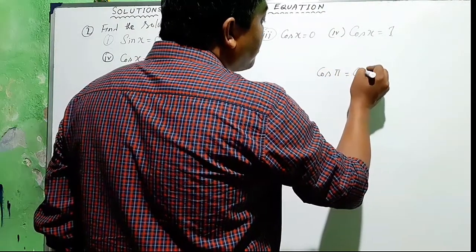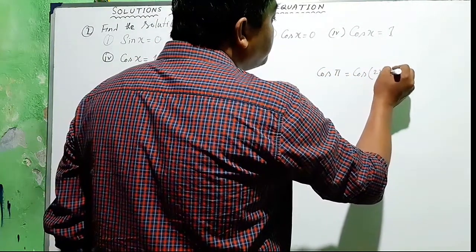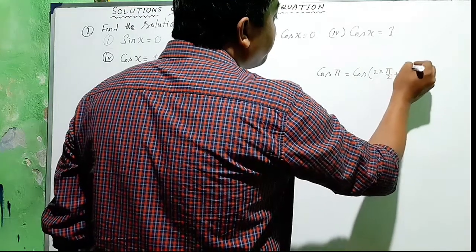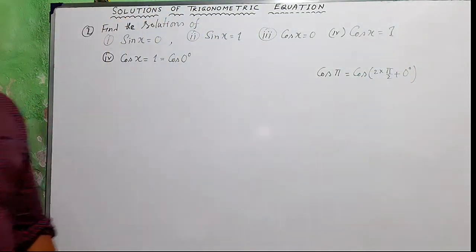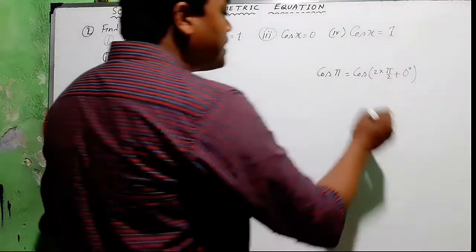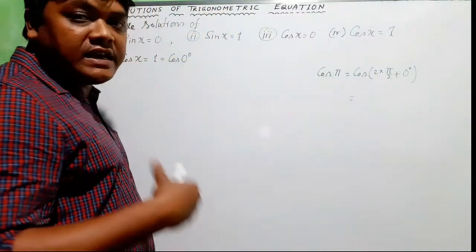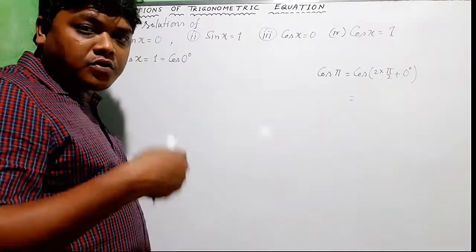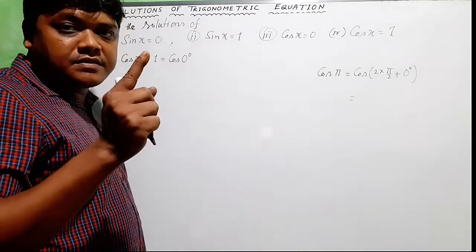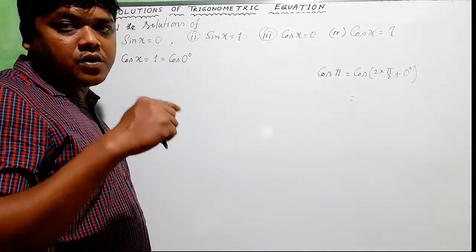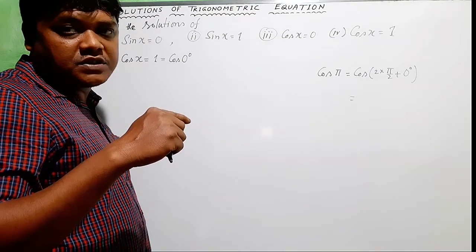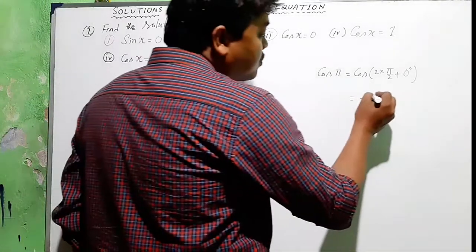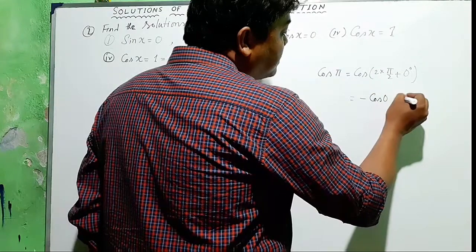We can write it as cos of 2 into pi by 2 plus 0. That lies in the second or third quadrant, where cosine is negative. So that is minus 1.